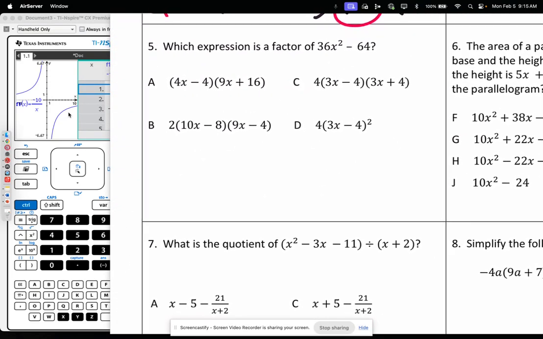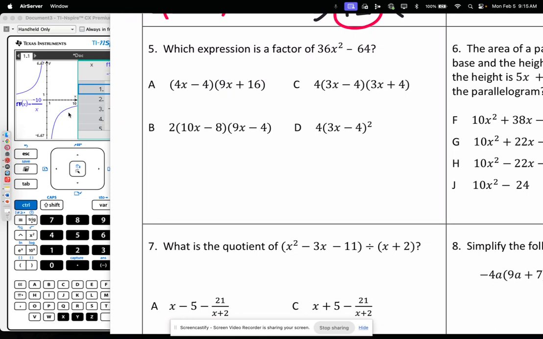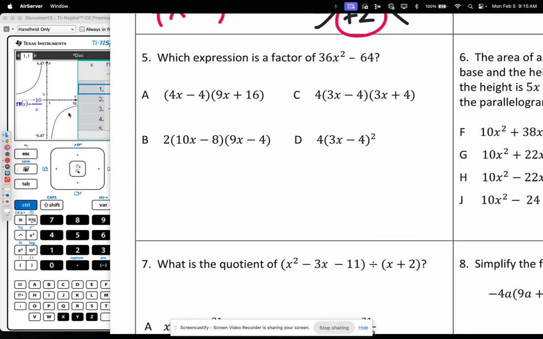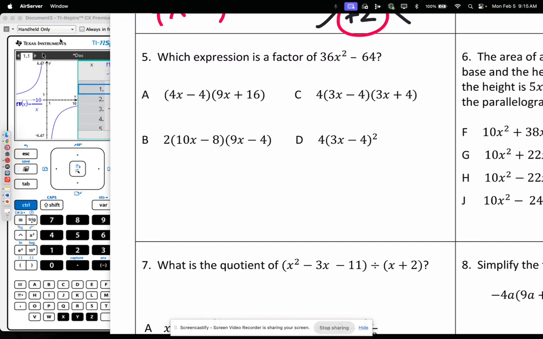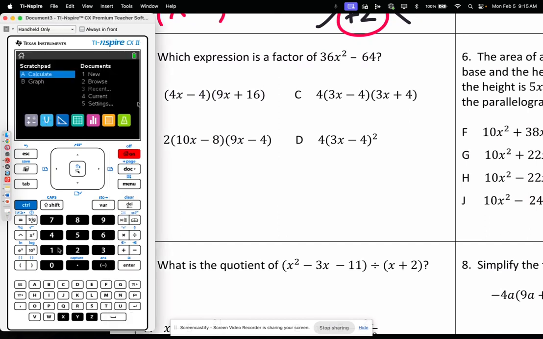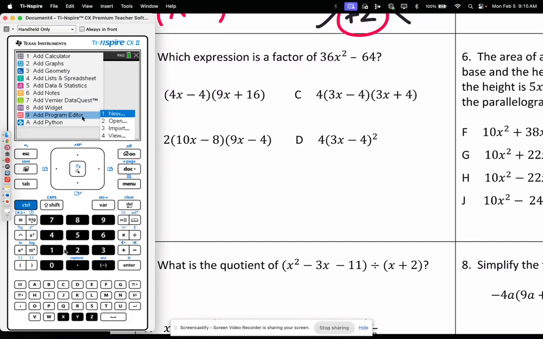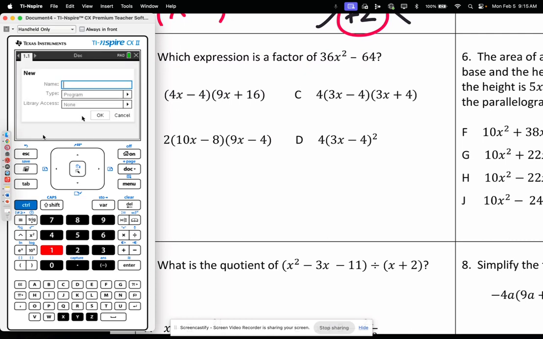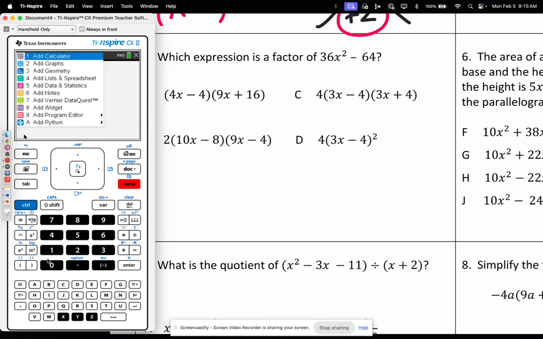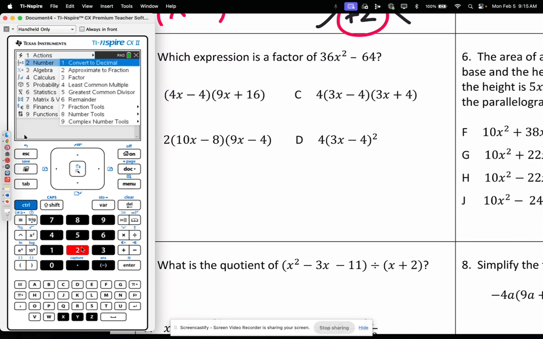Again, factors. Now this is a special case. Always look for that GCF first. And there is a GCF if you're going to use your calculator. I showed you on Desmos a minute ago, but if you're going to use the calculator, you're going to do menu 2, 5.